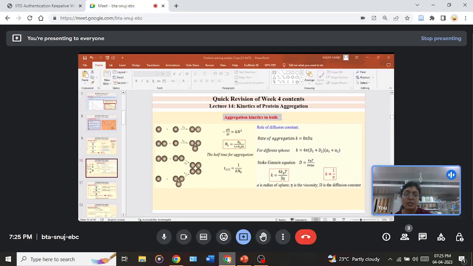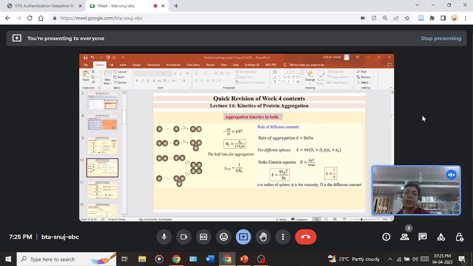So next, in the kinetics of protein aggregation lecture, this aggregation kinetics in bulk was studied, wherein minus dN by dt is equal to kN square.